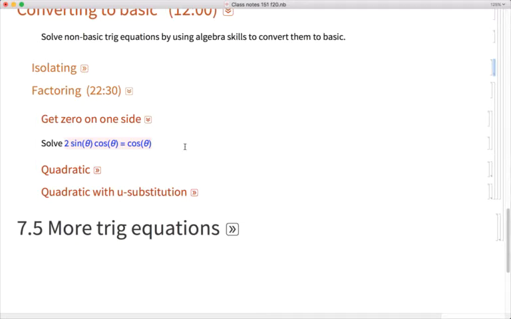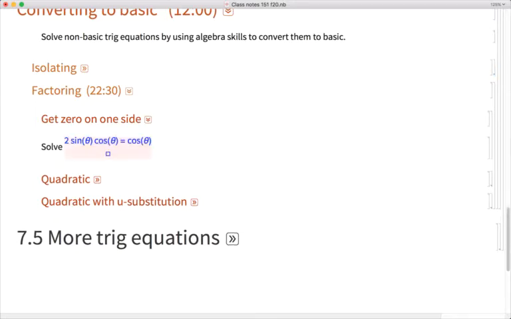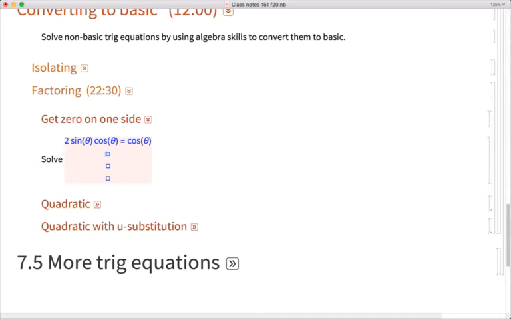Here we have an equation, and the variable is theta. There's a mix of terms here. We have both a cosine and a sine. It's initially looking quite crazy, but we're going to fall back on a reliable strategy for solving equations in general, which is to get 0 on one side and then attempt to factor.